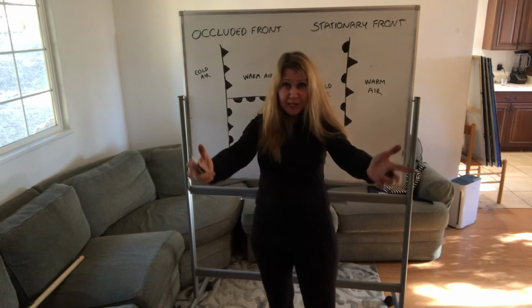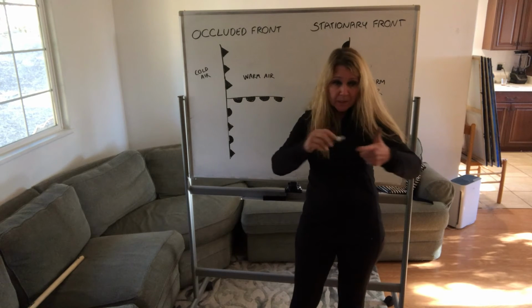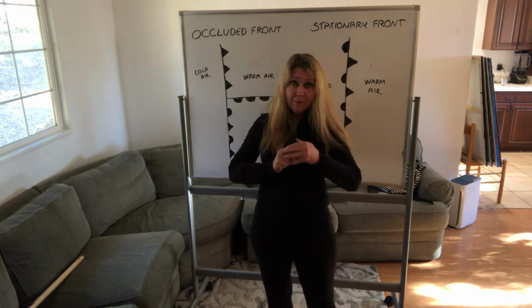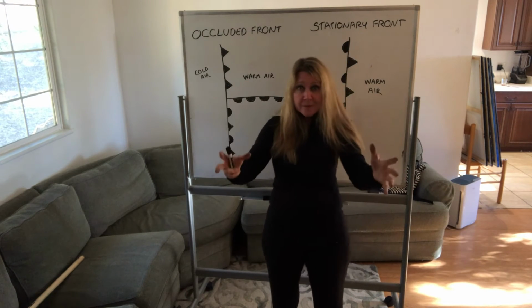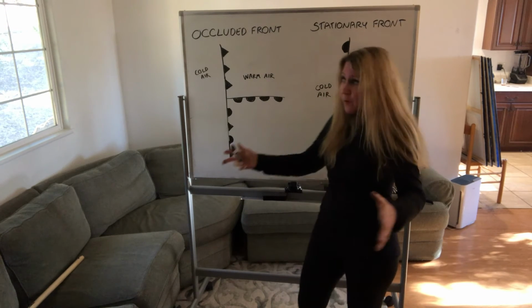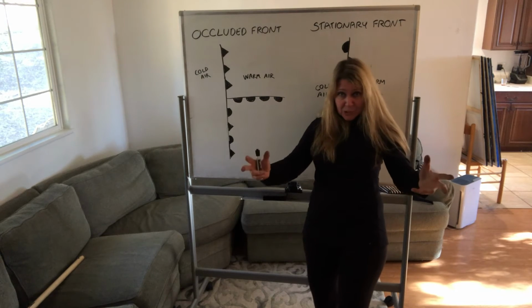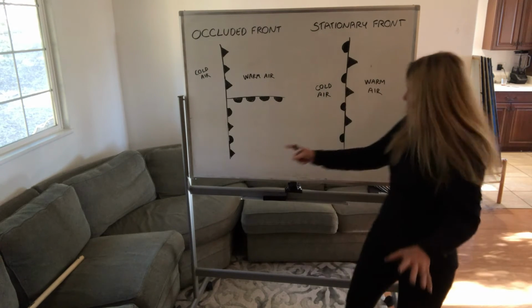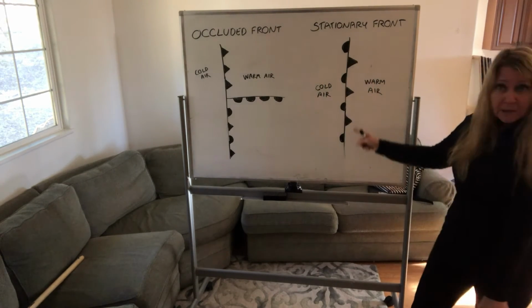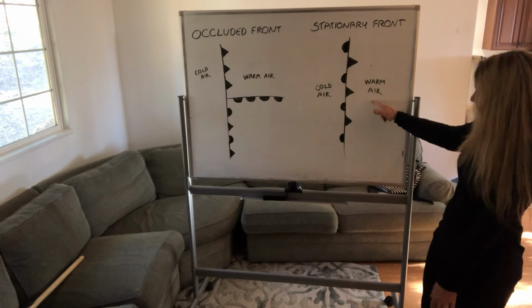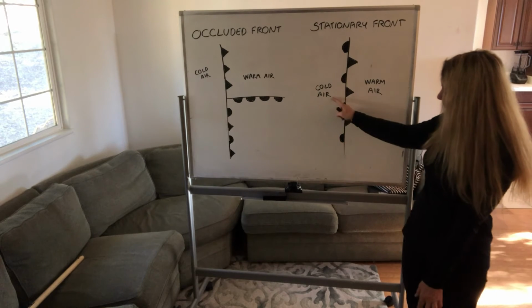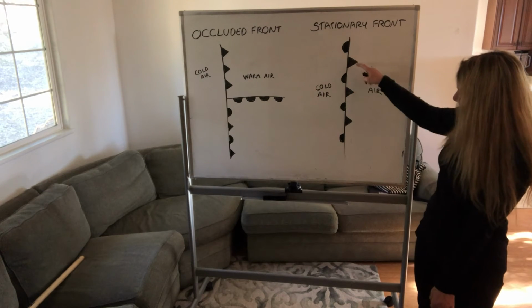And the last type of front is called a stationary front. So just like it says, it's not moving. Stationary, stays the same place. If it moves, it's not a stationary front anymore. So here this is what it would look like in a weather map. Cold air on this side, warm air here. This is the boundary. And remember the cold air we indicate with the shaded triangles.